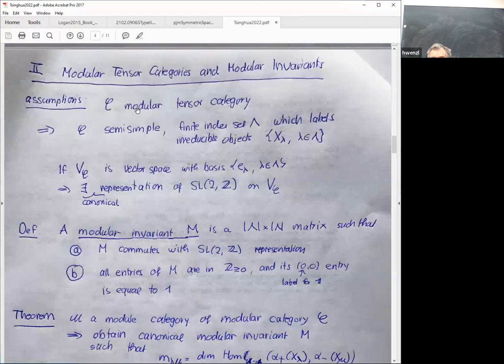It has many nice properties. It's semi-simple. It's rigid. So what we need here is the following. C is semi-simple, and it has finitely many irreducible objects. And so we fix a label set lambda, which labels the irreducible objects up to isomorphism.